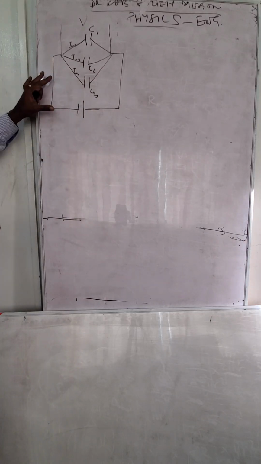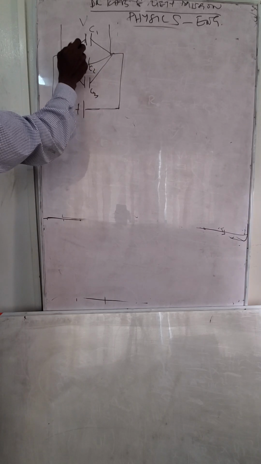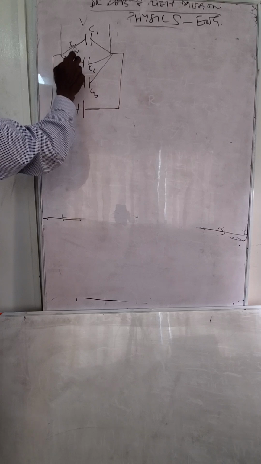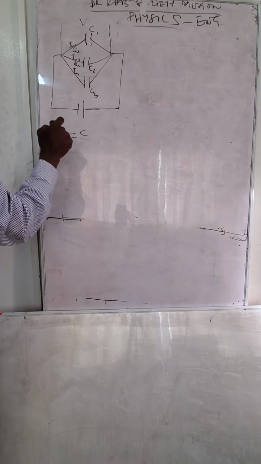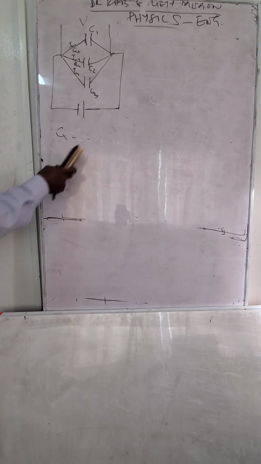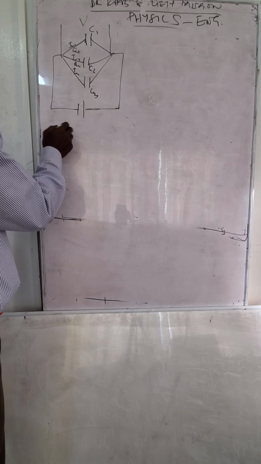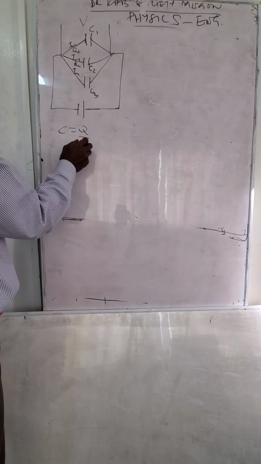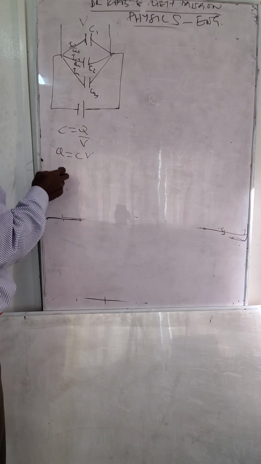Alright. Now, when it comes to capacitors, you can use Q to check. Of course, once current is different, the charge going there is different. Okay, so Q is equal to CV. So we have the expression: capacitance is equal to Q over V, the same as Q is equal to CV.